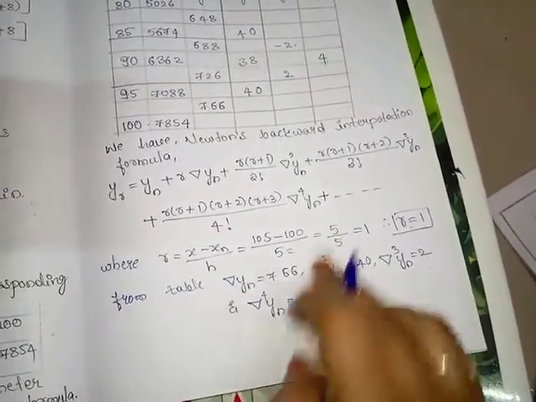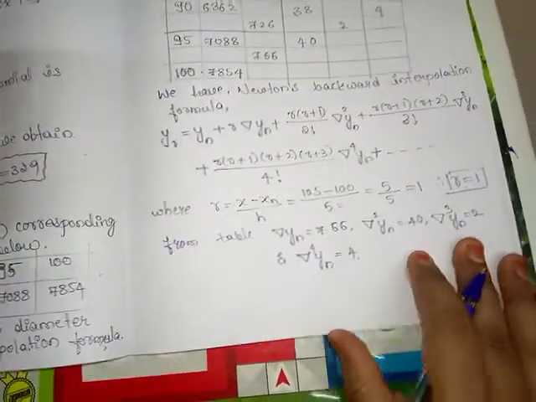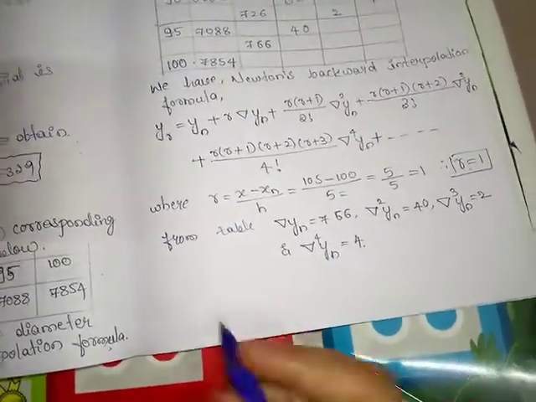Now substitute all these values in the desired Newton's backward interpolation formula.